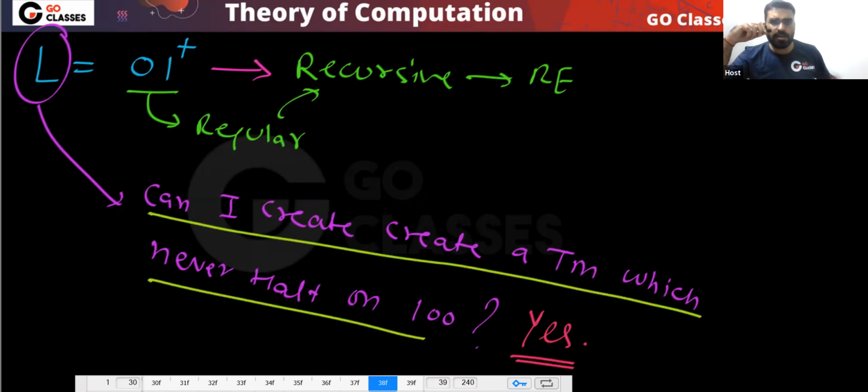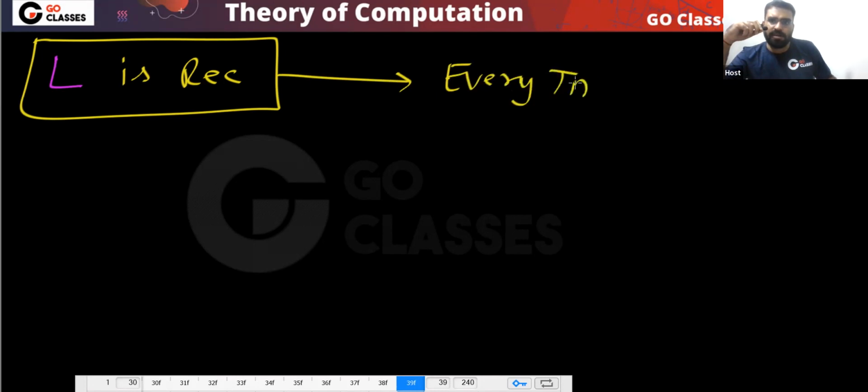Okay. So remember, if you say that a language is recursive, it does not mean every Turing machine is okay. If you say L is recursive, does it mean every Turing machine for L is a halting Turing machine?